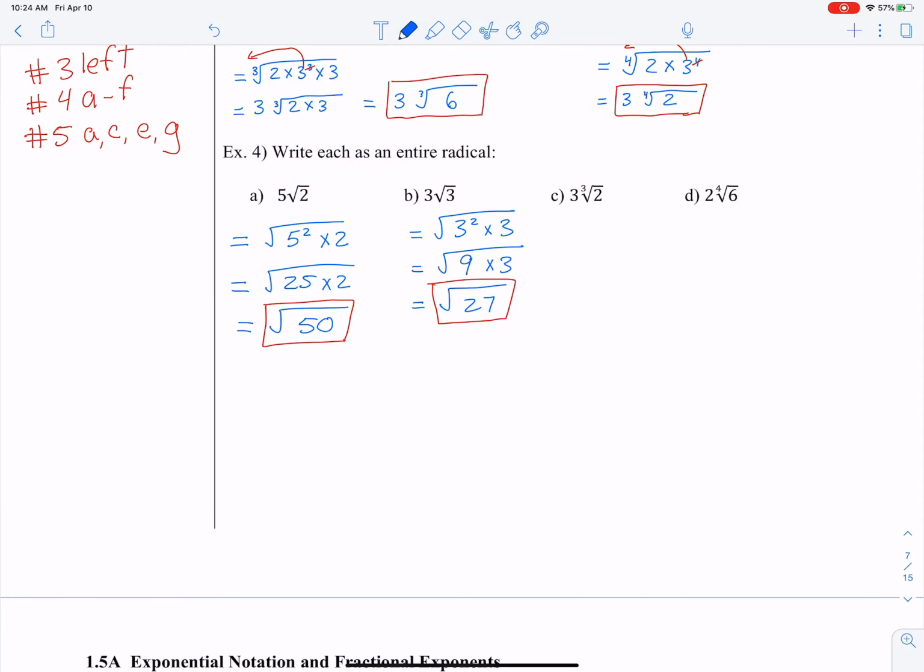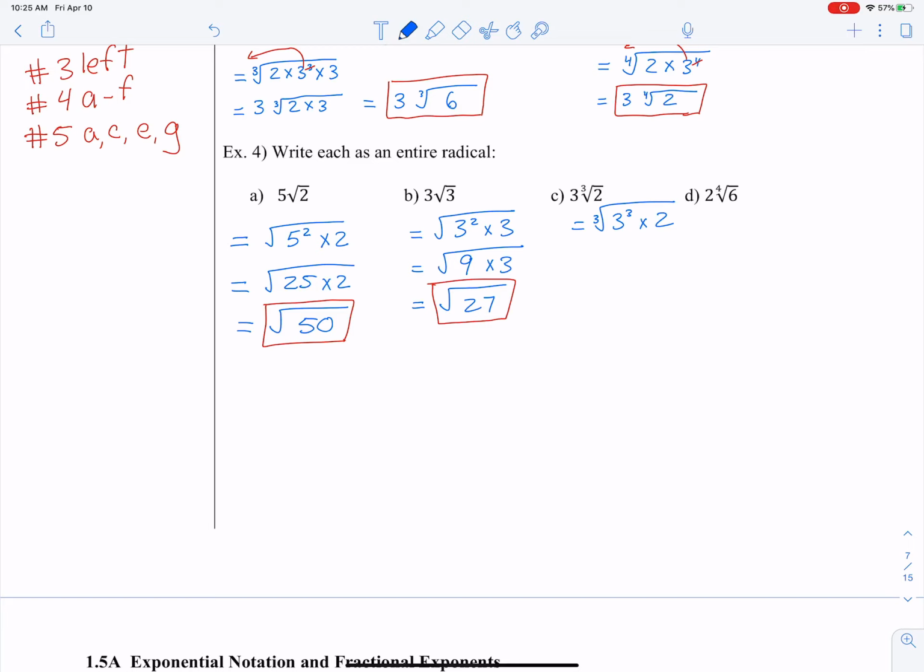This question, now we don't have an index of 2. We have an index of 3. So that means that when we move our 3 inside our root, we need to add an exponent of 3 to it. And we have to make sure that we write that the index is 3 on here. So don't just leave it empty.